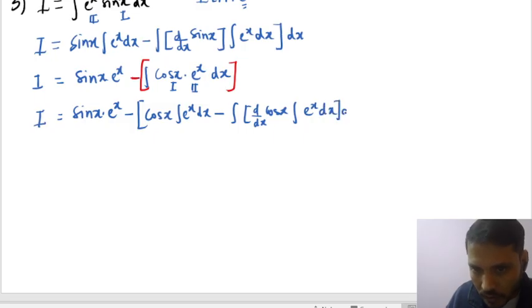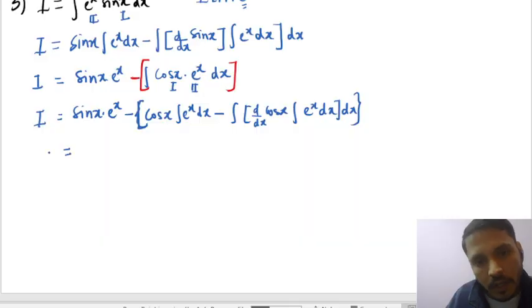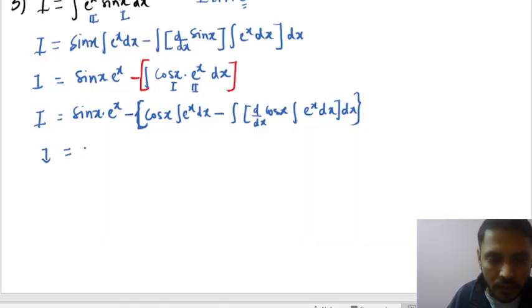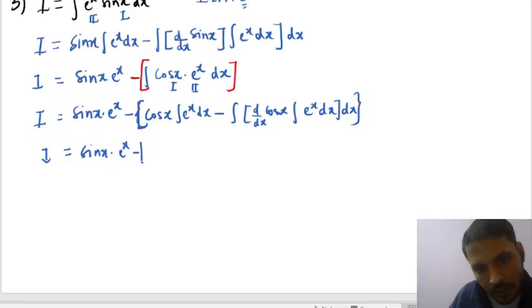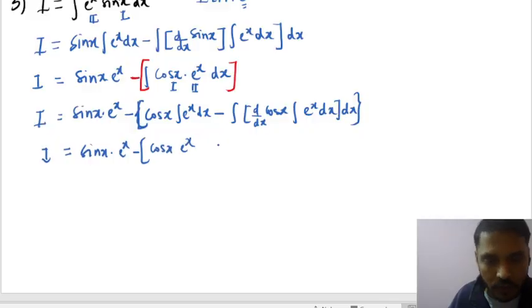And this bracket closes, and there is already one bracket closed here. So better keep the curly bracket so that there will not be confusion. Right, now I is equal to what we are getting? I is equal to sin x e to the power x, minus cos x e to the power x, integration of e to the power x.